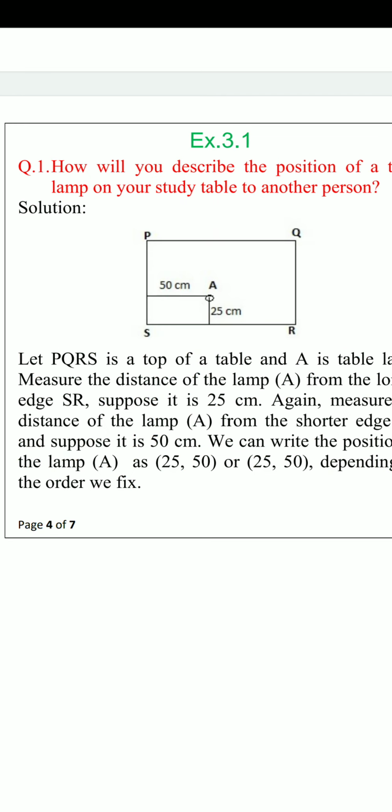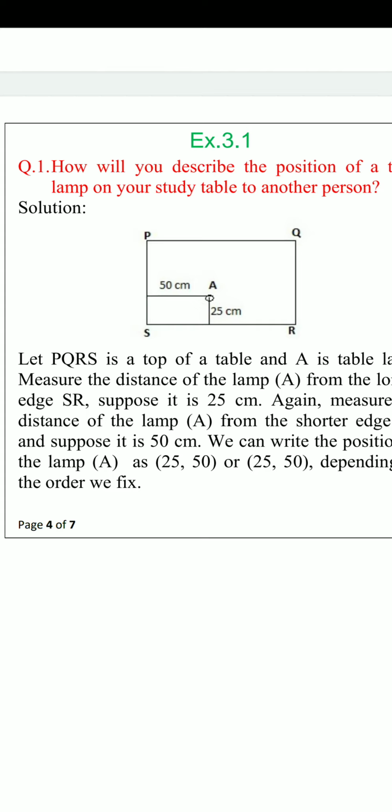Let PQRS be the top of the table and A the position of the table lamp. First we will measure the distance of the lamp from the longer edge and shorter edge.